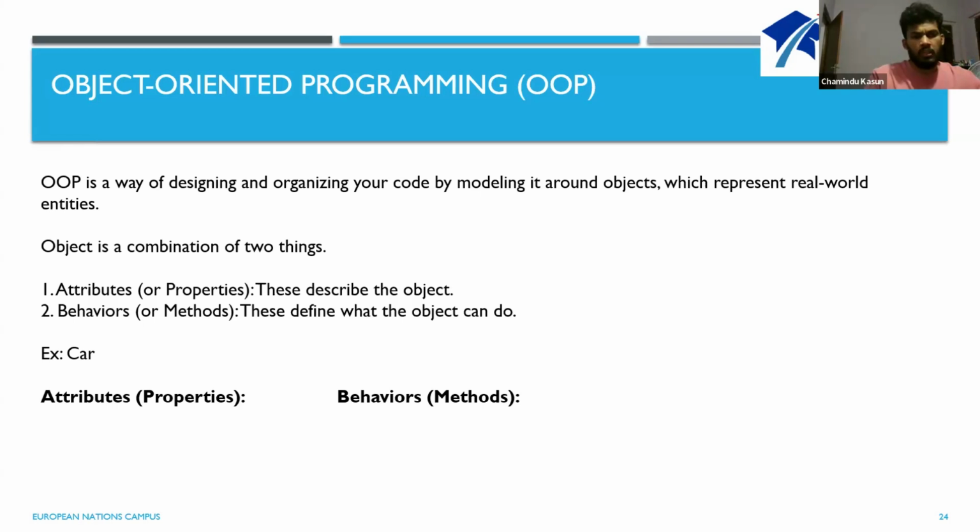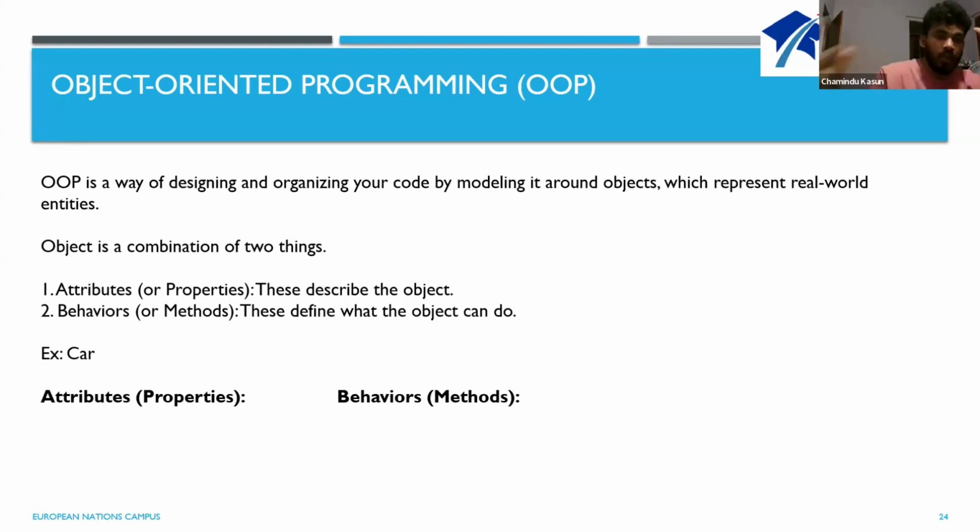A car will have a color, brand, and speed. Those are properties, attributes of that entity.